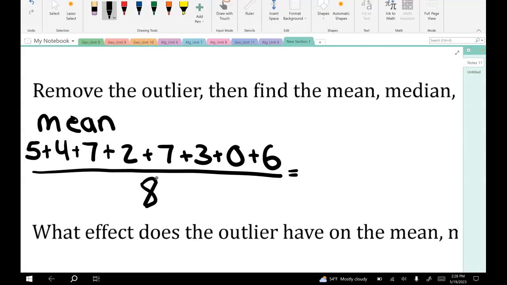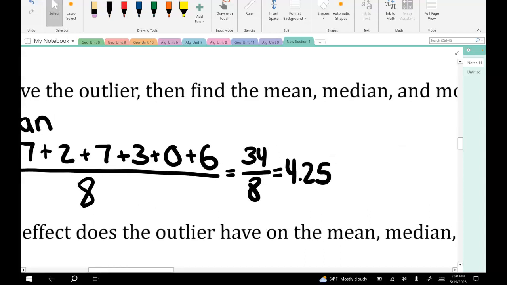We sum up our numbers on the top, or you could just take 55, since that was the sum of all our numbers, and take 21 away from that. So we get 34, and we divide that by 8. You get 4.25.